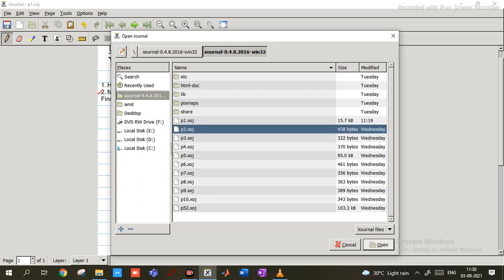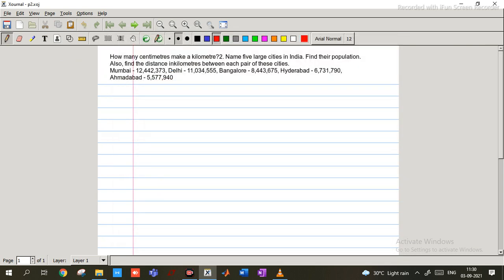The largest city is Mumbai, isn't it? Then Delhi, then Bangalore, then Hyderabad, Ahmedabad, right? This is not to check how good you are in your social science.